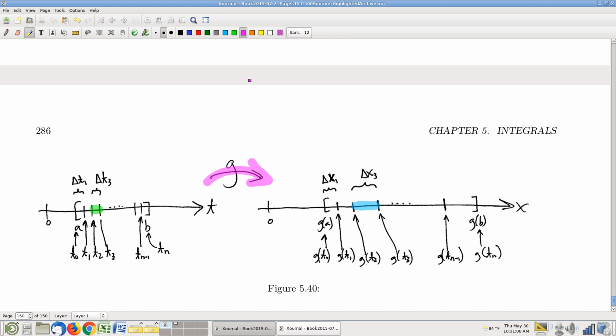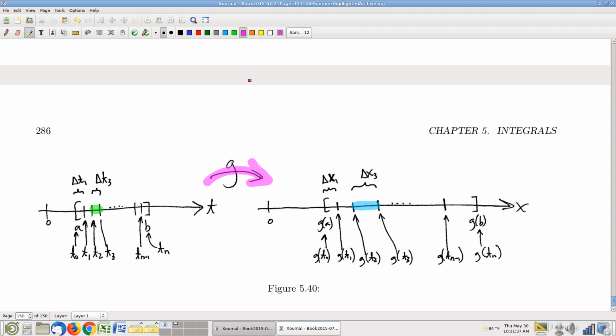From the chapter 4 point of view, what's going on here? We have here, you might say, a little displacement along the t-axis. This little subinterval represents a change in the value of t. This little subinterval over here represents a change in the output values of the g function. So here we have a change in what's going into g, a change in what's going out of g.